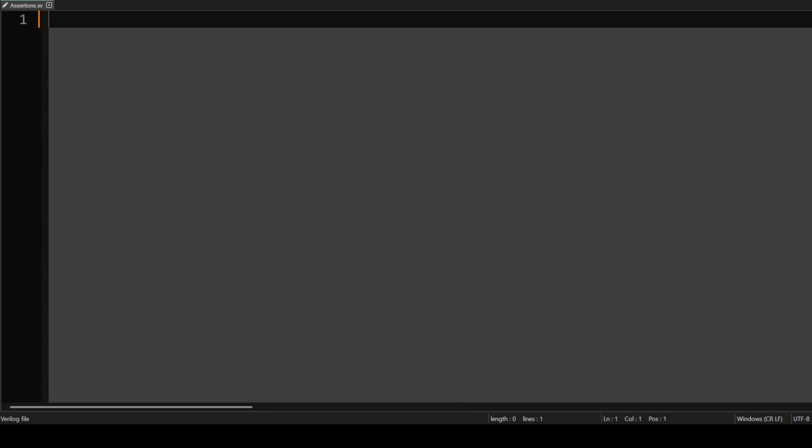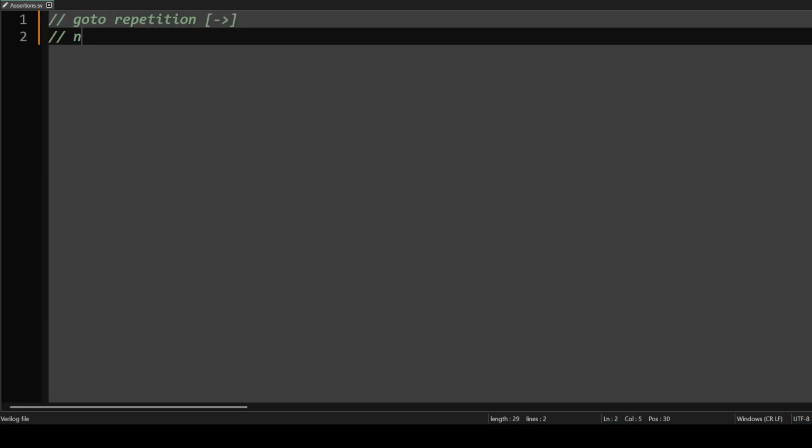And those two are goto repetition, the goto repetition, which is denoted by something like this, and the other one is non-consecutive repetition, which is denoted by equals to inside square brackets.